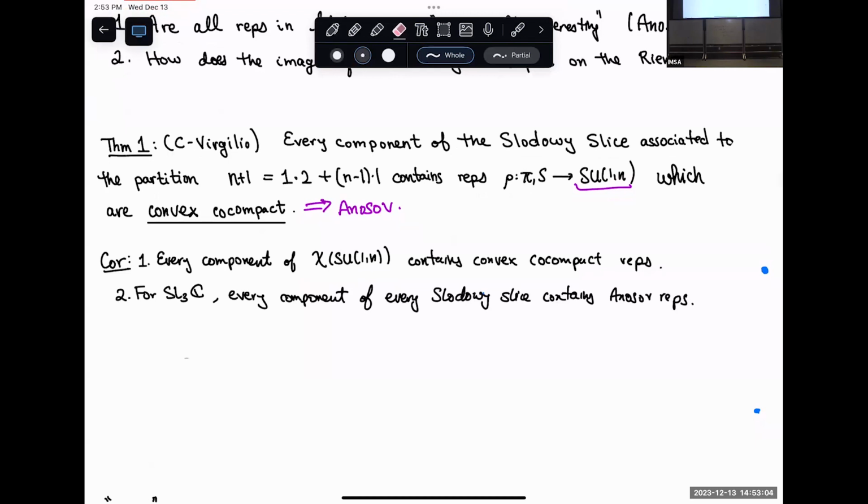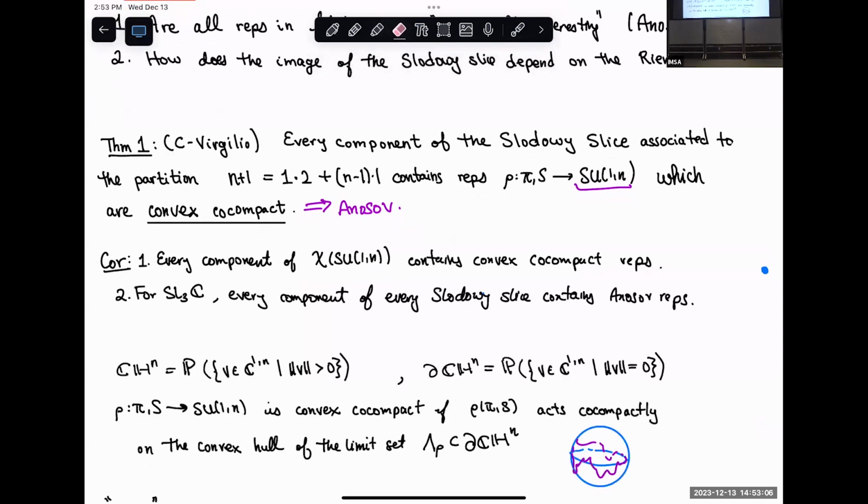Good. Let me remind you about complex hyperbolic space, just as a definition. This statement is also true for PU(1,n), but I'm going to stick with SU(1,n), so I can write everything with vector bundles for ease. My model of complex hyperbolic n-space is the projectivization of C^{n+1} with a Hermitian inner product of signature (1,n).